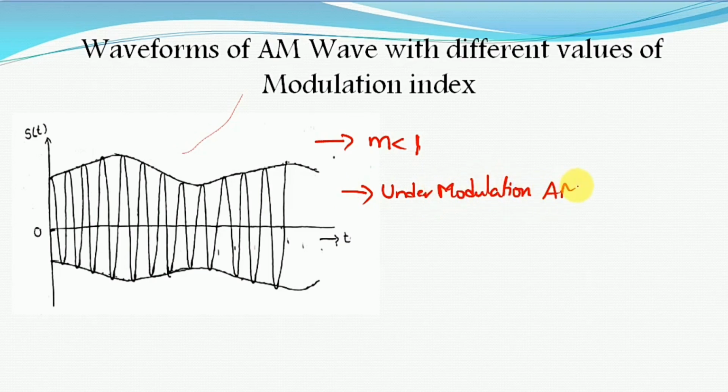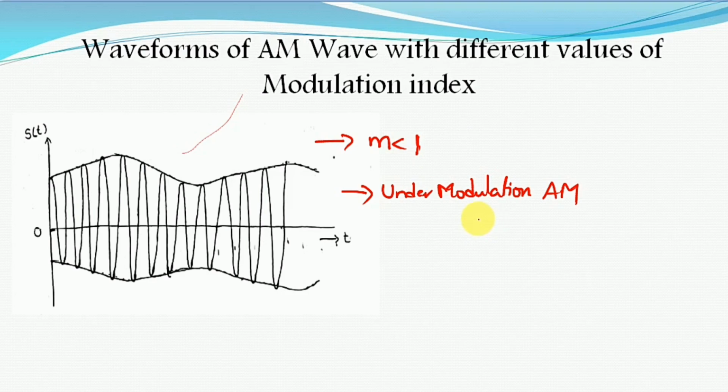When m is less than 1, this under modulation AM wave will be transmitted through the wireless channel. In this case, we can definitely say that at the receiver end our message signal will be 100% recovered. So there is no loss of information when we transmit the baseband signal with modulation index less than 1, that is, an under modulation AM wave.